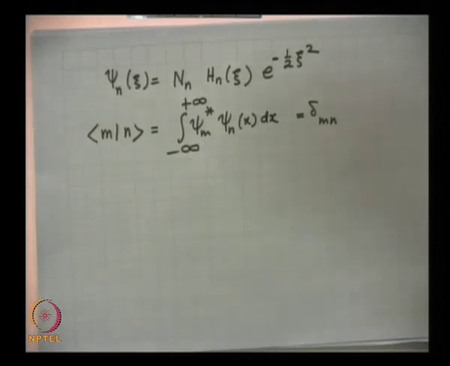So, we have now derived how to use the operator algebra to find out the eigenstates, the Schrodinger eigenfunctions corresponding to the linear harmonic oscillator problem.